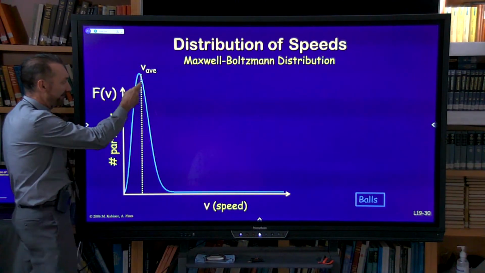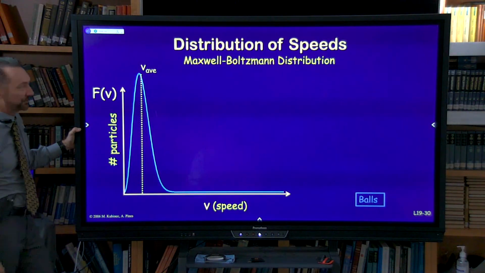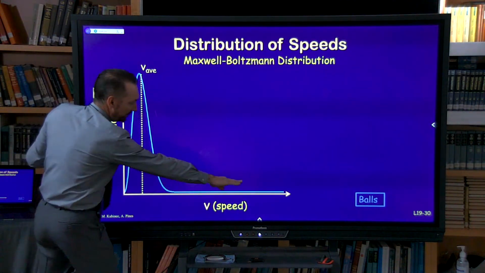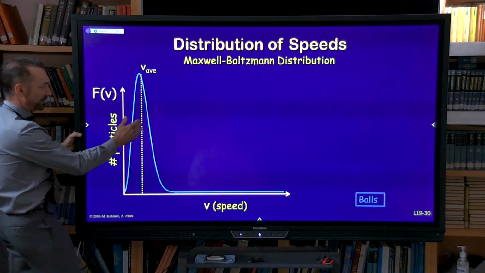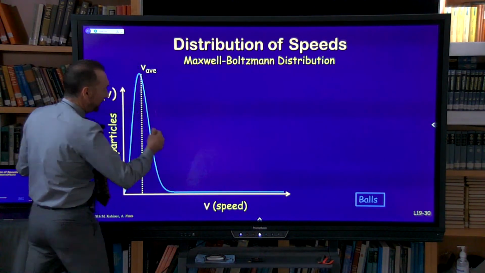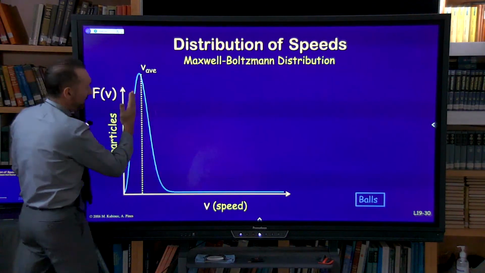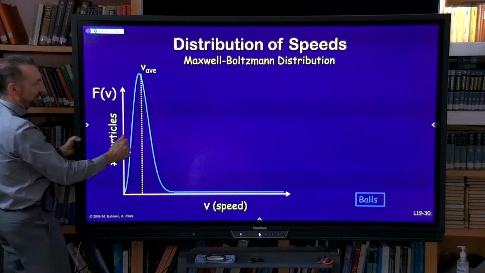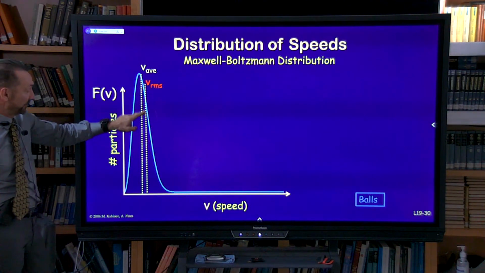We know the average of this distribution, and it tails, there's a lot of particles out here. Like if your midterm averages, if there were a lot of low scores, the average wouldn't be here at this peak. It would be off here. So that's the average velocity. The root mean squared actually is even farther down the curve.